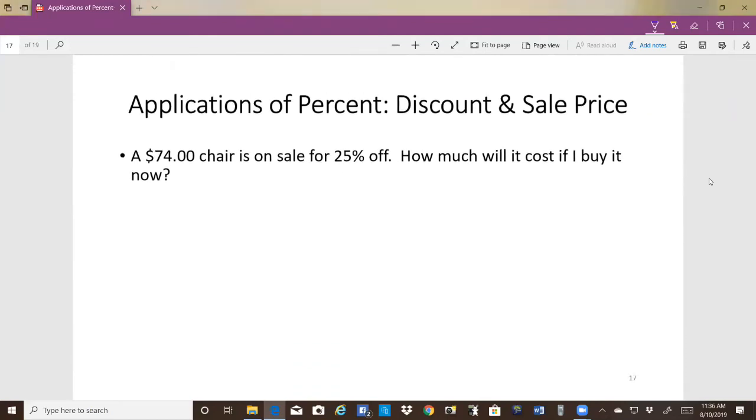Suppose you have a $74 chair on sale for 25% off. How much will it cost if I buy it now? So now you want to see how much it's going to cost you, and there are really two ways. 25% off is 0.25 times the list price of the chair, which is $74.